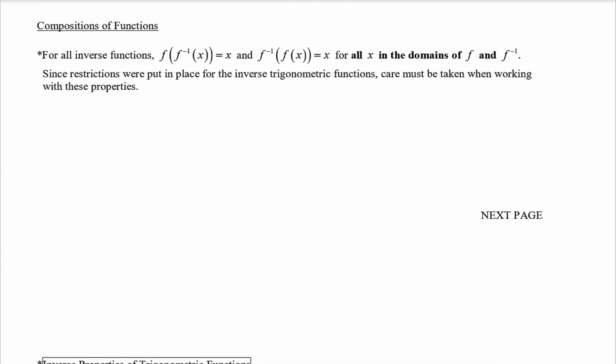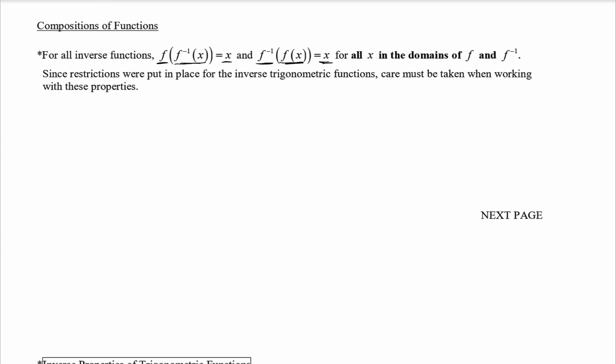Okay, next up. Remember, when we defined what inverse functions were, we said that the definition was if you plug the inverse into the original and it returns back to you the original input, you were on your way to being inverses of each other. But the reverse should be true. You should be able to plug the original into the inverse and be returned back to the original input x.